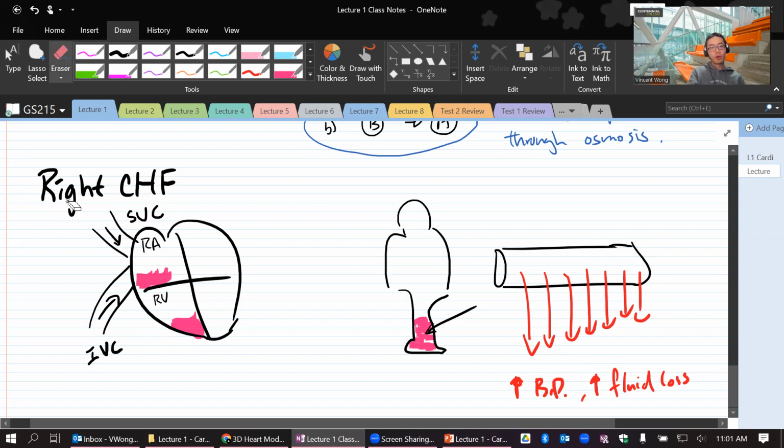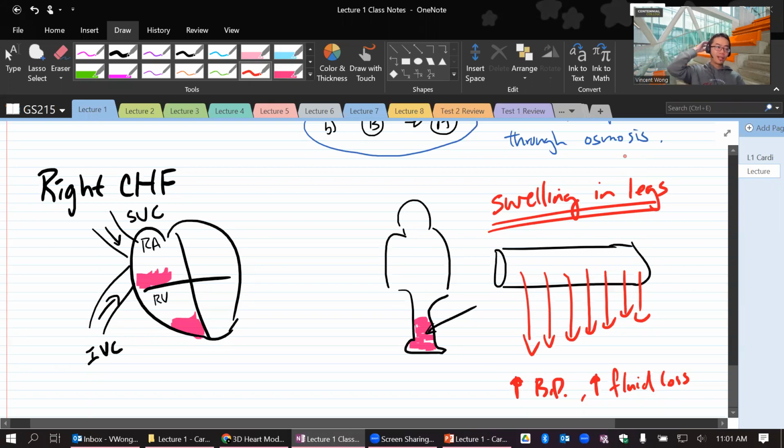People who have right side congestive heart failure usually have swelling in the legs. Swelling in the body in general, but particularly severe in the legs. Do you understand? So that's the thought process that you have to go through.